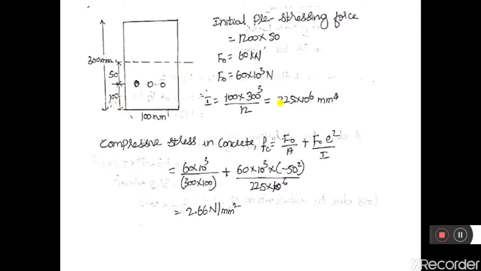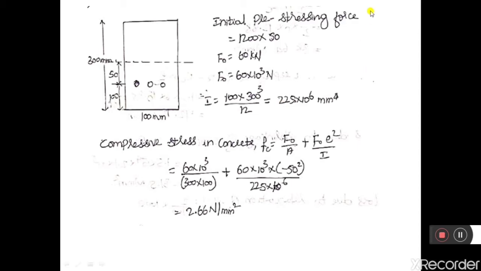To calculate it, first we need to calculate the stresses developed in the concrete, because elastic shortening is equal to m into fc. Fc is nothing but the compressive stress in the concrete. Here all the cables are straight cables, therefore the eccentricity is only one.